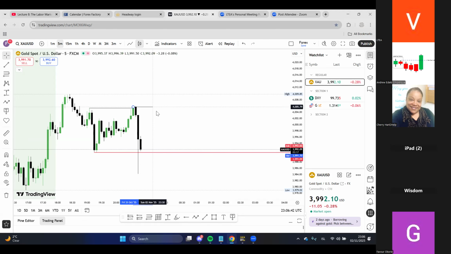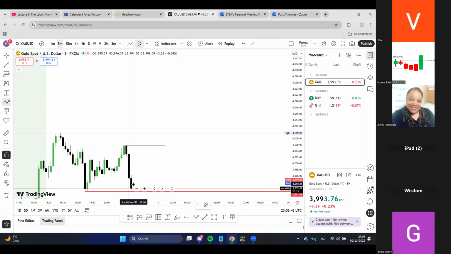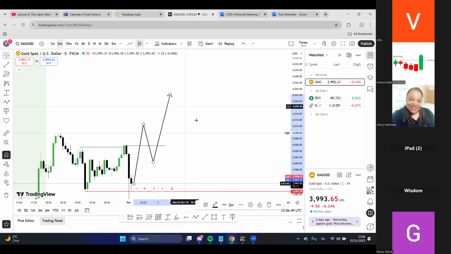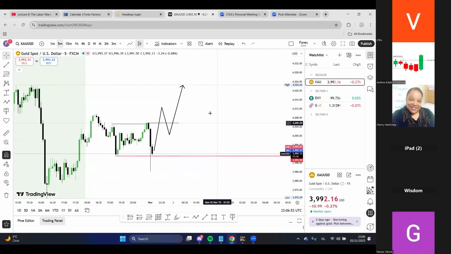If price will come and disrespect this high, I would prefer to go long, because throughout this 1 hour candle it just tells me your price took liquidity from here and we are going in the opposite direction. I mean, I will have to see some displacement, right? That's what I want to see. But yeah, the same thing.